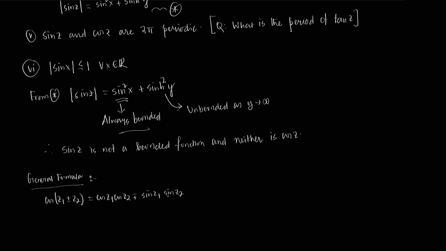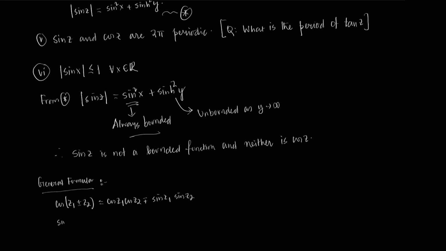For plus it is minus, and for minus it is plus. Whatever we do in the real case, we do the exact same thing here. And sine of z1 plus minus z2 is nothing but sine z1 cosine z2 plus minus sine z2 cosine z1.